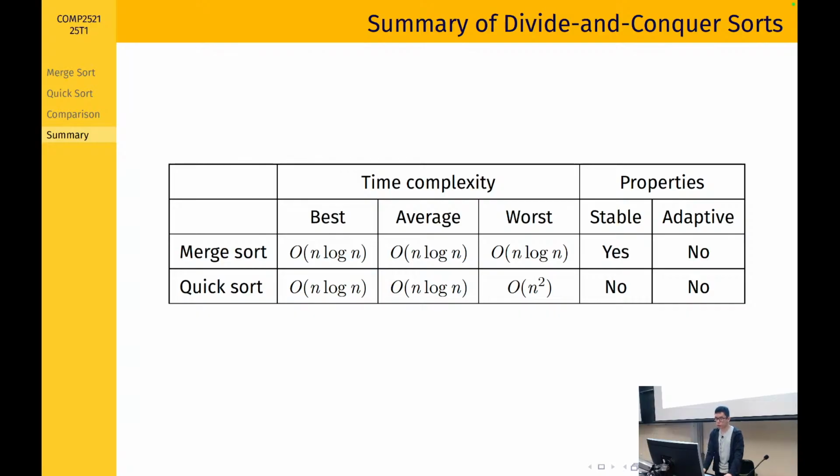So if you're interested in another sorting algorithm, one that you might be interested in is called Tim sort. So Tim, that's the name Tim, so Tim sort. That's what Python uses for its built-in sort function. It's a combination of merge sort and insertion sort.